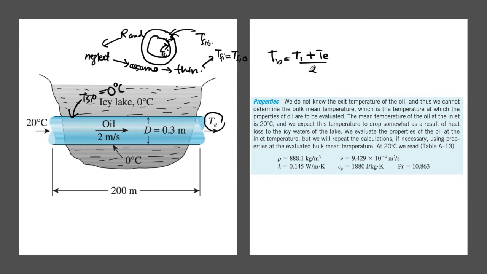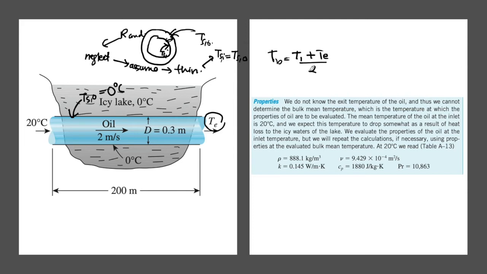You don't have to worry, because at your level all of these properties will be given, and you may not need to assume the bulk mean temperature, because that is degree level, from degree level up to master or PhD.